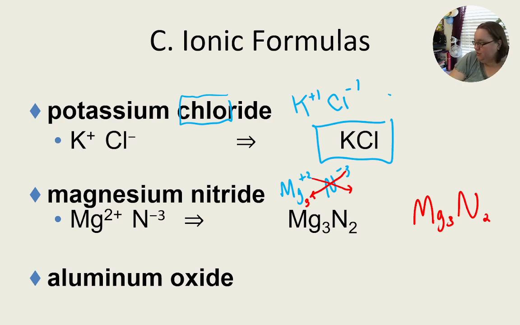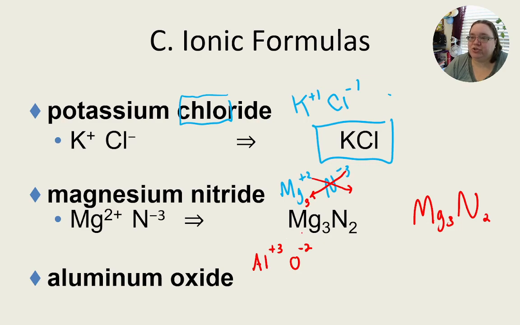You try the next one using your periodic table. Give it a try. So aluminum is in group 13. Aluminum forms a +3. Oxide, well, I don't see oxide on the table, but I do see oxygen. Oxygen is in group 16. Group 16 forms a -2 charge.